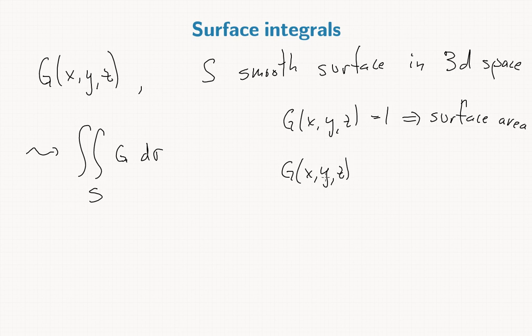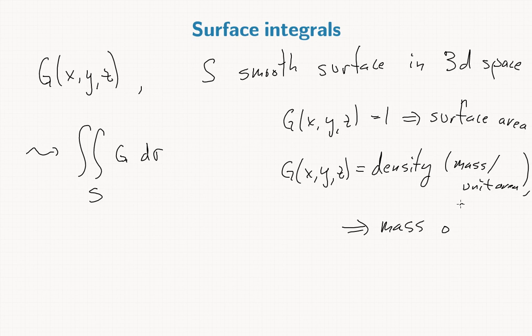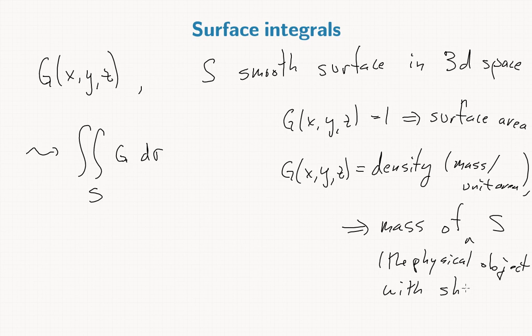But if we had some thin physical material, which we could model by a surface, and g was the density of this material, so mass per unit area, then this would be computing the mass of S, or maybe slightly more precisely, the mass of the physical object which is shaped like S.